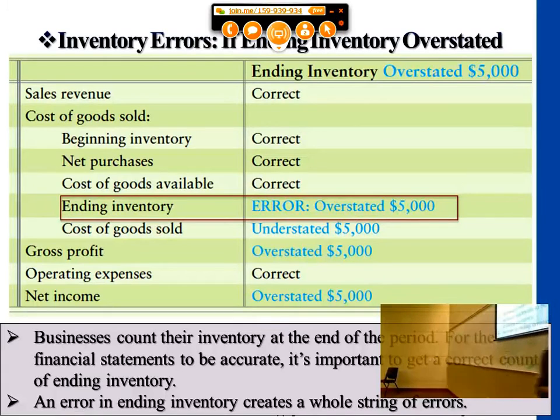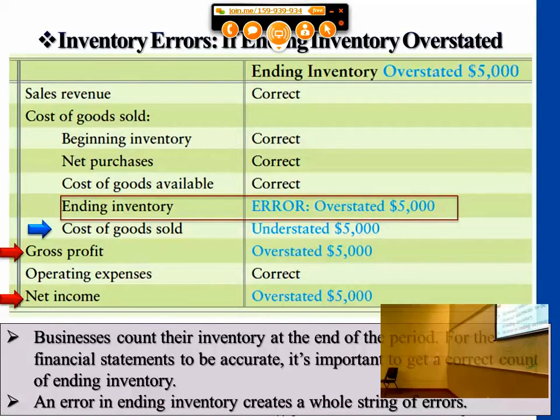If ending inventory is overstated by $5,000, since all the entries related to inventory go hand in hand with cost of goods sold expense, cost of goods sold will be understated. And since expense is understated, you would be subtracting too little from revenue. You would have too much gross profit and too much net income on the income statement.